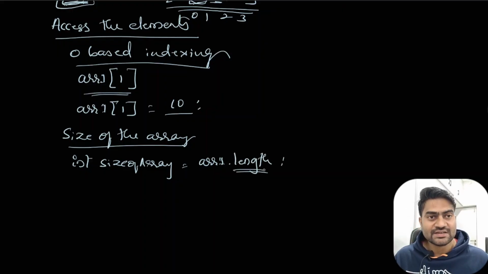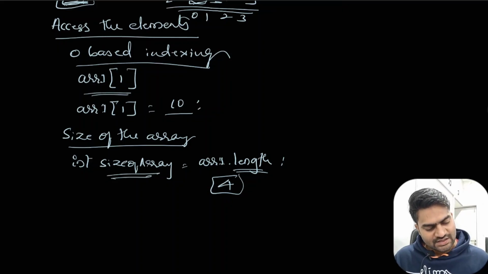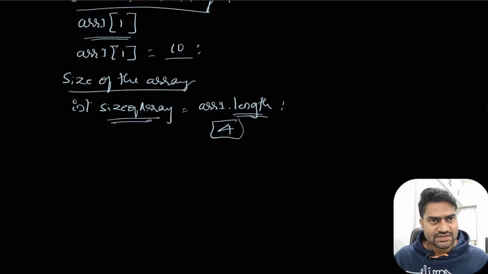This is not a method, this is a property. It will give us the length or size of the array. Here in this case it is 4, so 4 will be assigned to this particular variable.